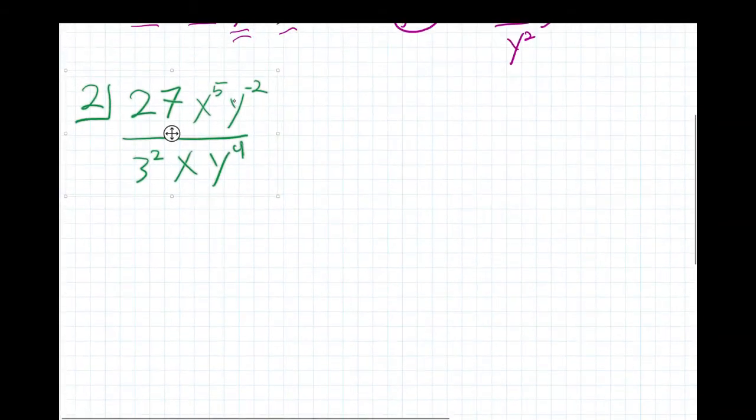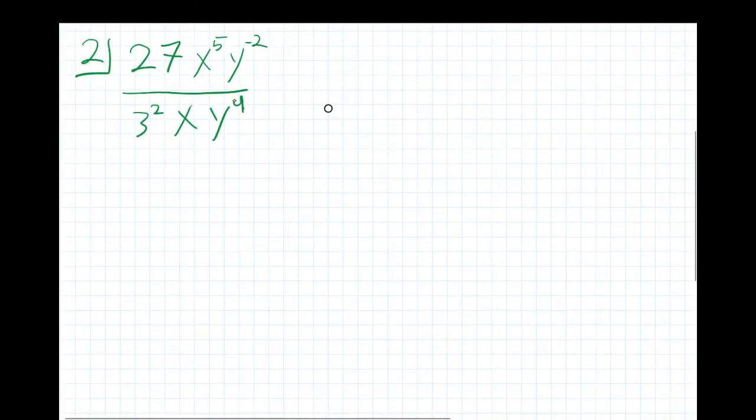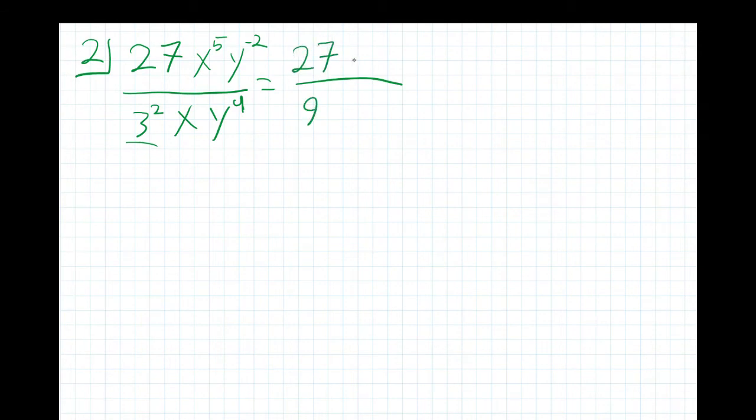So first thing I want to do here is, that 3 squared, that's going to become a 9. 27 stays up top. I have x to the fifth, x, y to the fourth. And also, this negative exponent, I'm going to move that to my denominator. So y to the negative second up top becomes y to the positive second in the bottom.